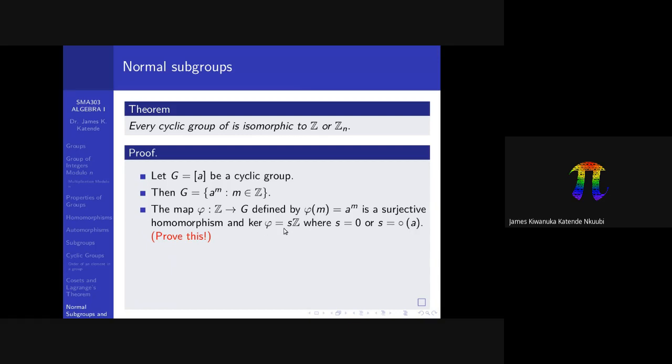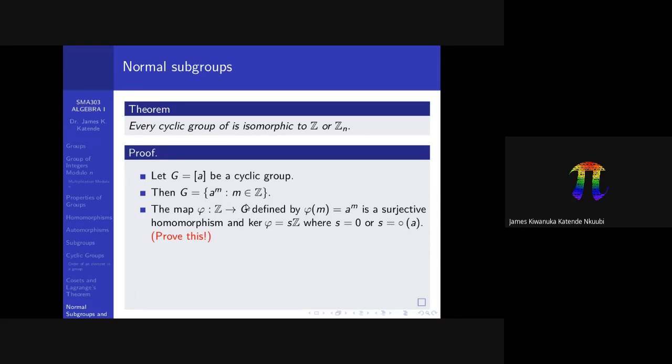So what's the kernel of this map? The kernel would simply be the set of all integers which are mapped onto the identity in G. Let's start with a finite group.